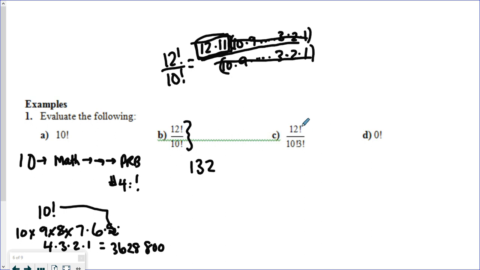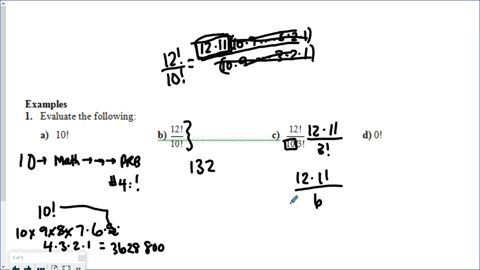So I can change that part through this process to 12 times 11 divided by 3 factorial, because we know this 10 factorial is going to cancel out the rest of my 12 factorial, 10 downwards. 3 factorial is 3 times 2 times 1, 12 times 11. So I'm doing this the algebraic way. Again, you can punch this all into your calculator, but the algebraic way: 3 factorial is 3 times 2 times 1, which is 6. So now I know I can take a 6 out of both the top and the bottom here.